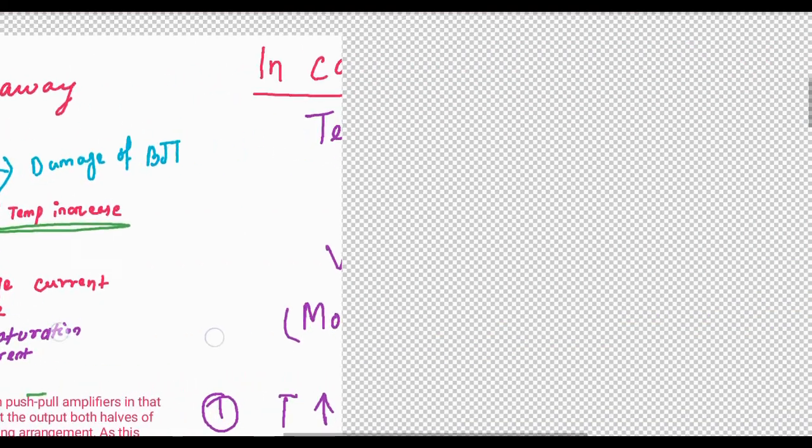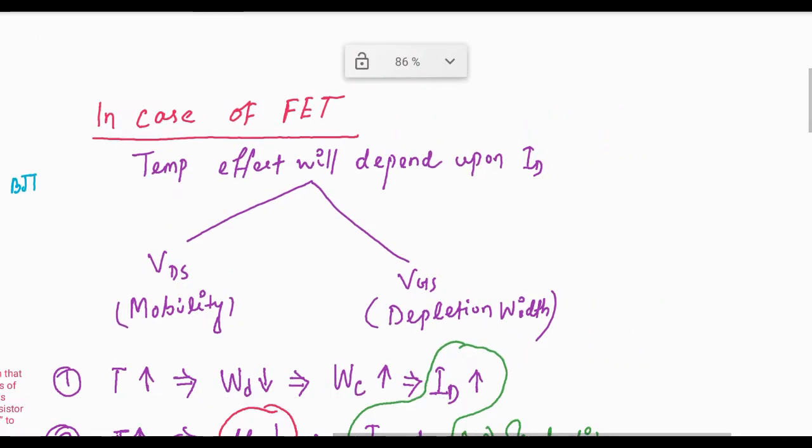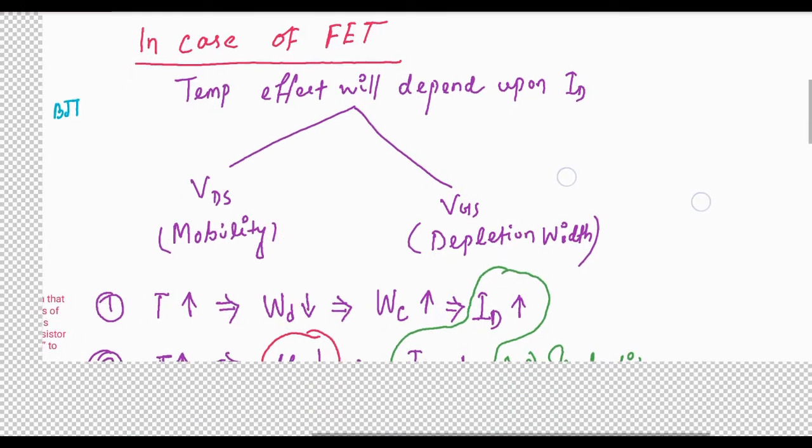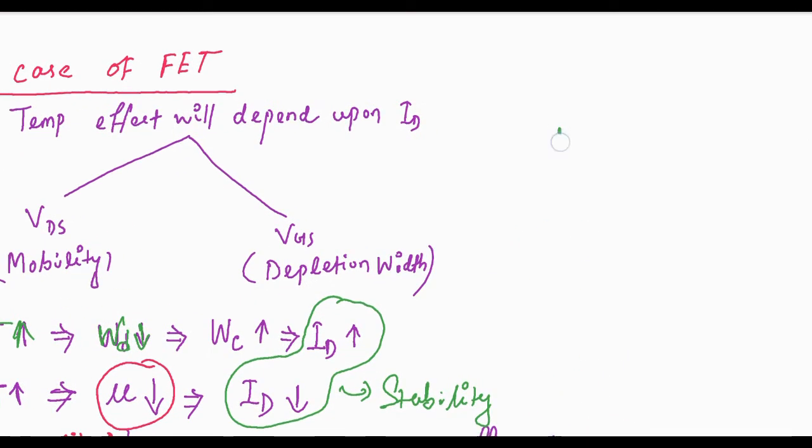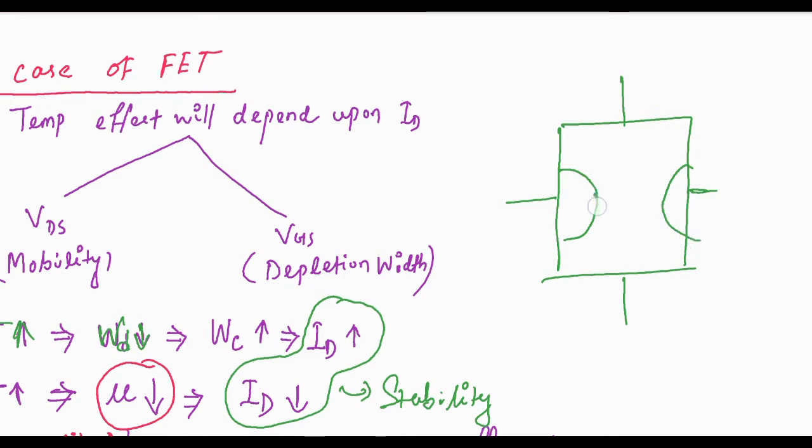But in case of FET, as the temperature increases, it will depend upon the ID, that is the drain current. And one thing, when temperature increases, WD, that means the depletion width, decreases. Suppose this one is the FET, and this is the junction region, this one and this one.